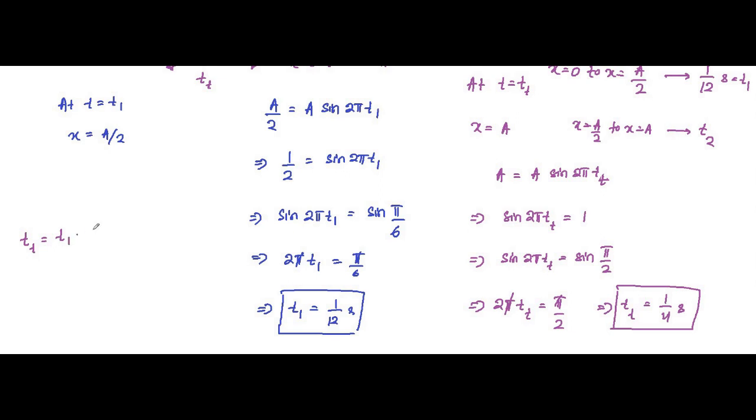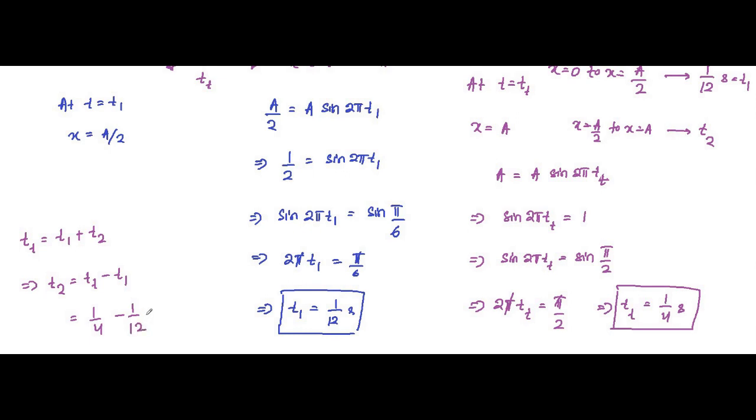That implies t2 is equal to the total time t subscript t minus t1, which is equal to 1 by 4 minus 1 by 12.